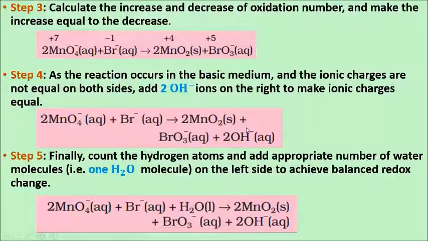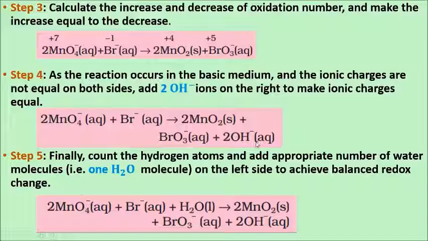Finally, we have to see the hydrogen atoms. We have to check how many hydrogen atoms are there on the left and the right side. Then add appropriate number of water molecules to the deficient side to balance it. Now here when we are seeing the hydrogen atom, where the hydrogen atom comes along with the OH. So how many is there? 2.